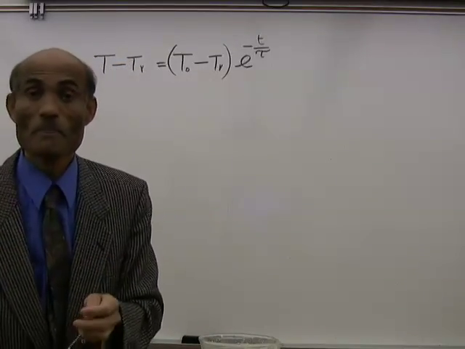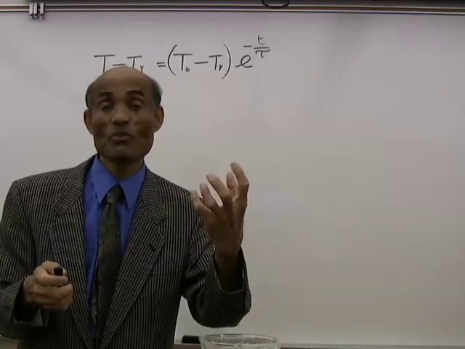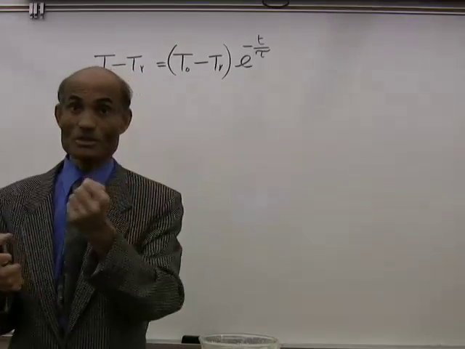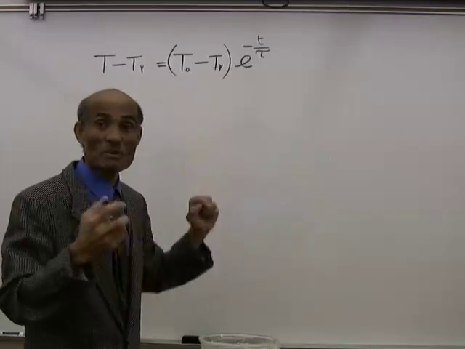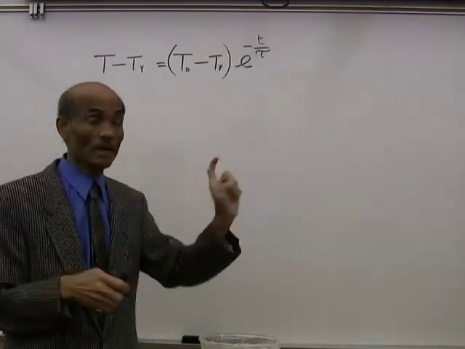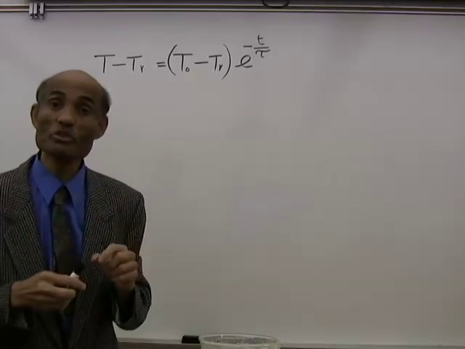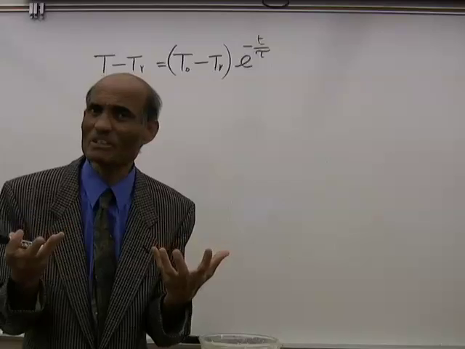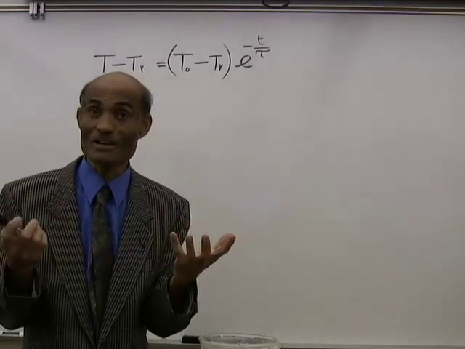In other words, if you put a potato for baking in the oven and you take it out, T0 is the temperature the moment you take it out. Now, this equation is very often used to find the time of death in a homicide.